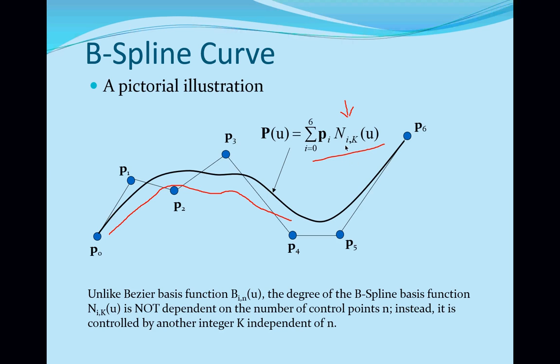So in this case, i varies from 0 to 6, where 6 is the number of data points. Okay, so i varies from 1 to the number of points, and the number of points is governed by n plus 1. So I could call n plus 1 the number of points.